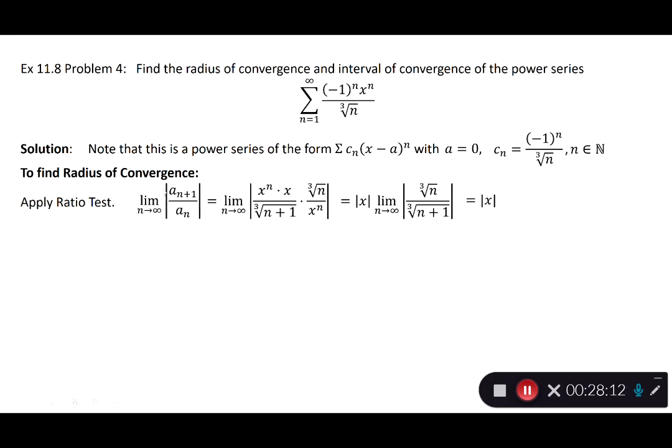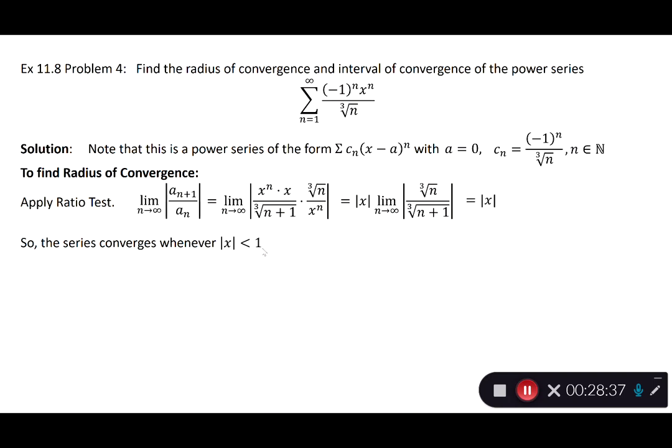According to the ratio test, a series will converge whenever this limit is less than 1. So the series converges whenever the limit, what's the limit? Oh, the limit is absolute value of x. Absolute value of x is less than 1.